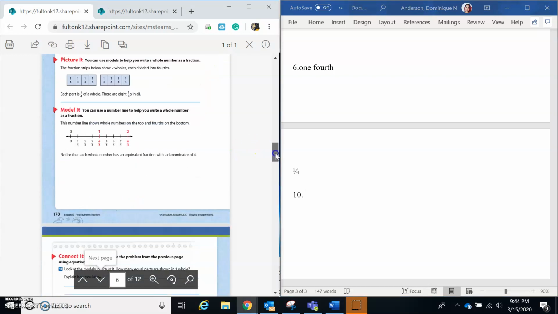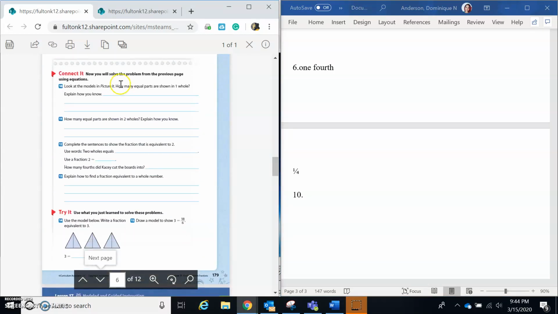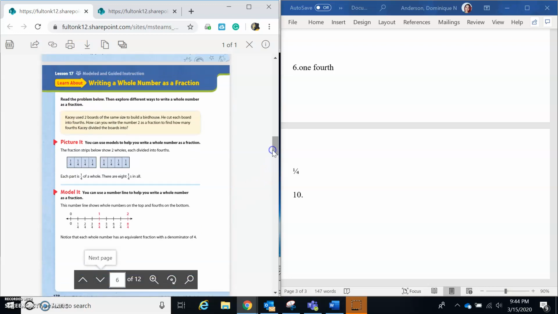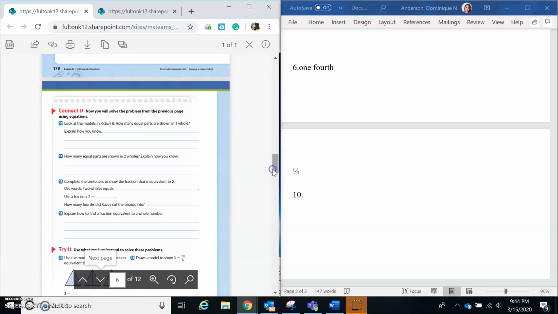So now let's go down. And it says, look at the models and picture it. How many equal parts are shown in one whole? Explain how you know. So just in this first one, this one whole, we have 1, 2, 3, 4 equal parts. And how do we know? Because we simply count.